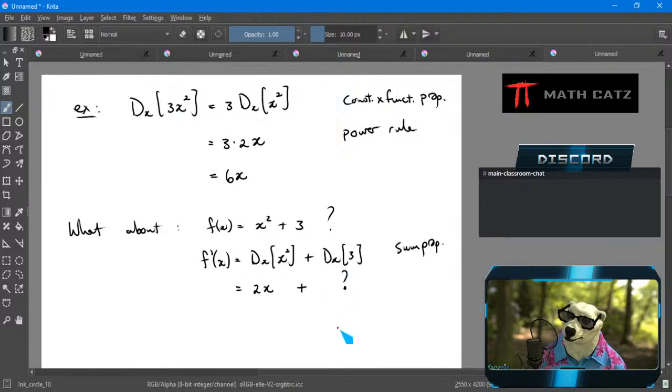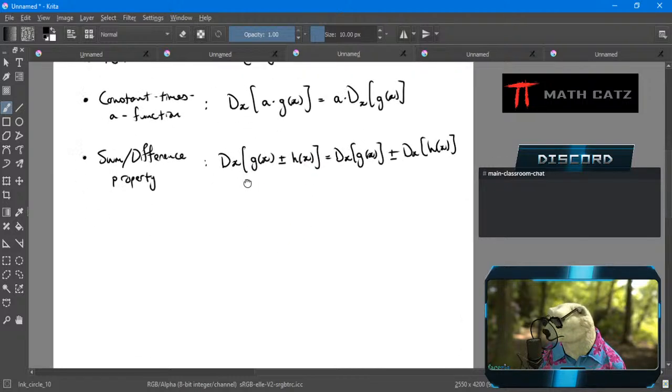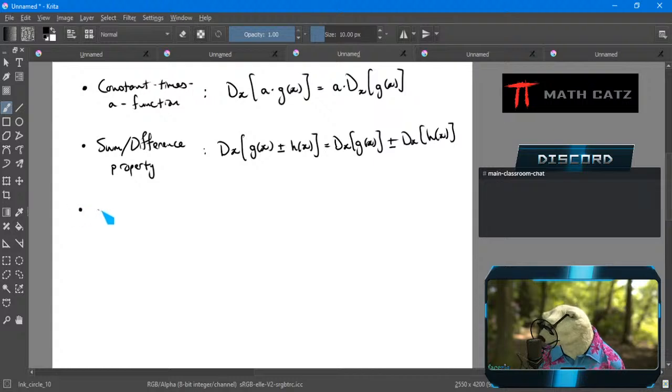But I don't know how to handle a constant function. That's not in my list. A power of x, a number times a function, constant times a function, two functions added or subtracted. I need a constant property. And we're going to call it the constant property. These names aren't super creative, I'm sorry.